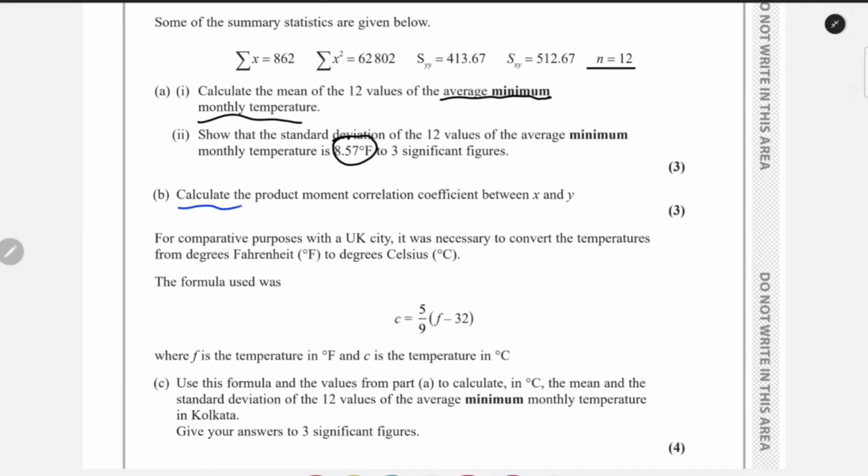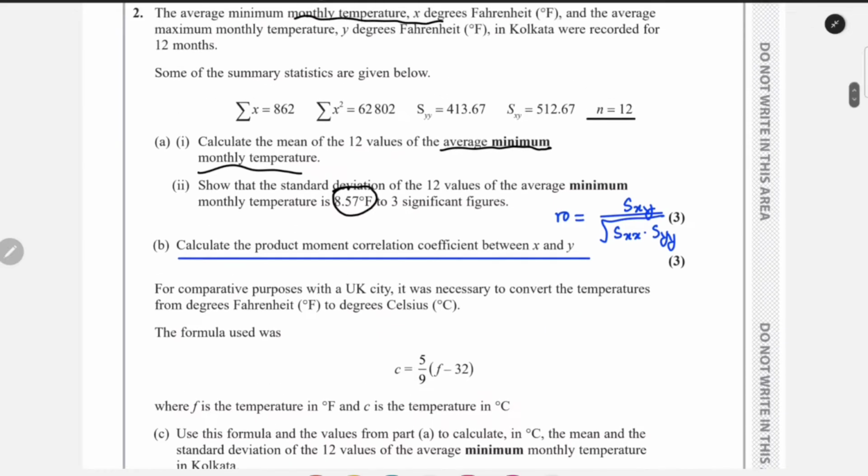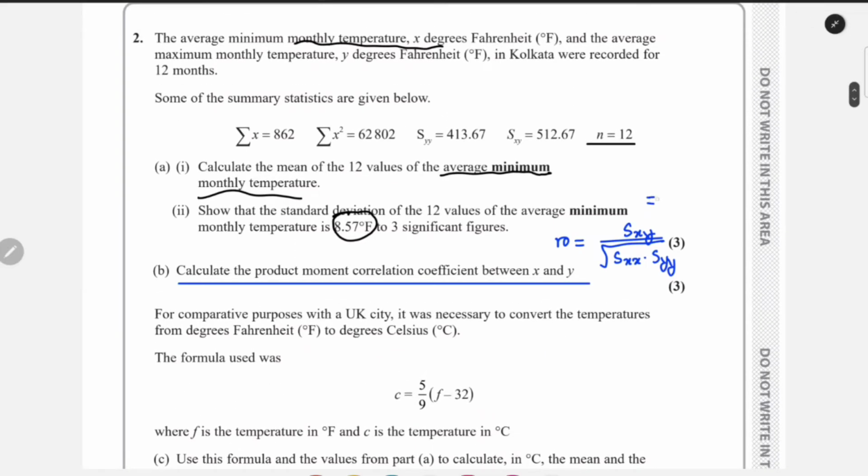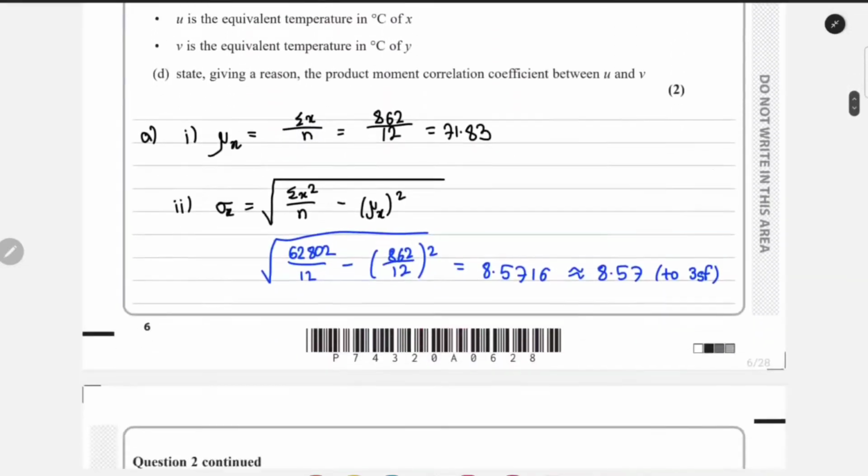Now in part B, we have to find the product moment correlation coefficient. The formula for this is R equals Sxy by root over Sxx times Syy. You know that Sxy, we have to find Sxx. So let's just do it down there.